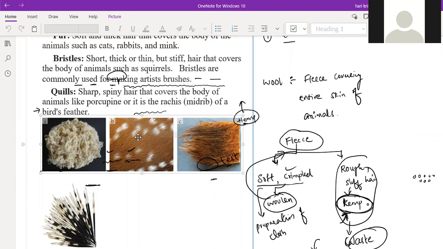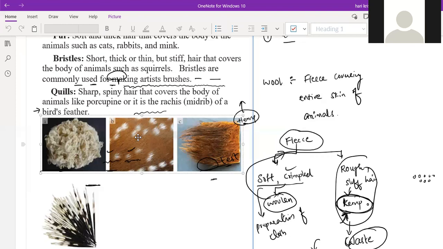Bristles. See the artist brushes or the paint brushes, thin and quality brush. The bristles of that brush are very thin and long, from the hair of animals. So the bristles are short, thick, but stiff in nature.